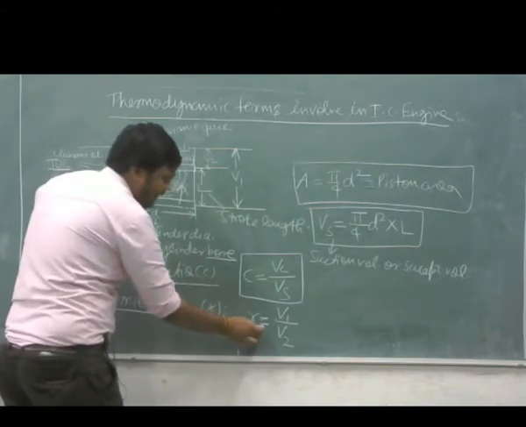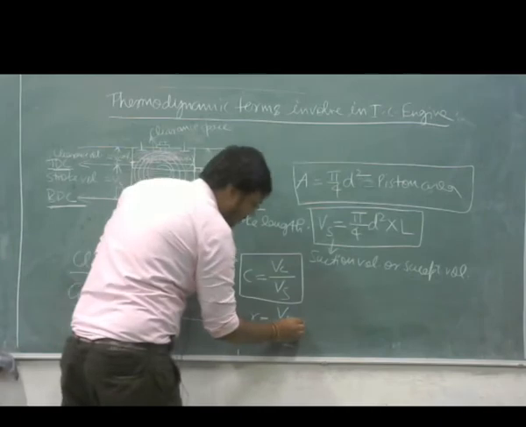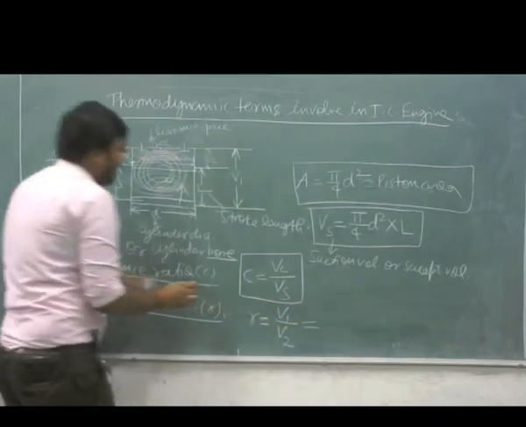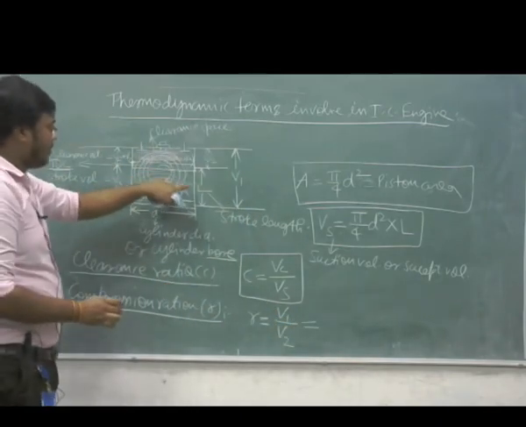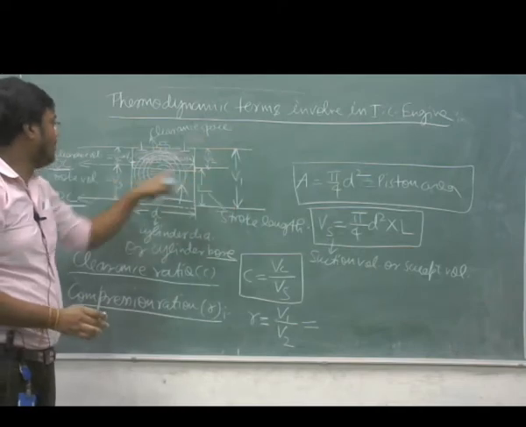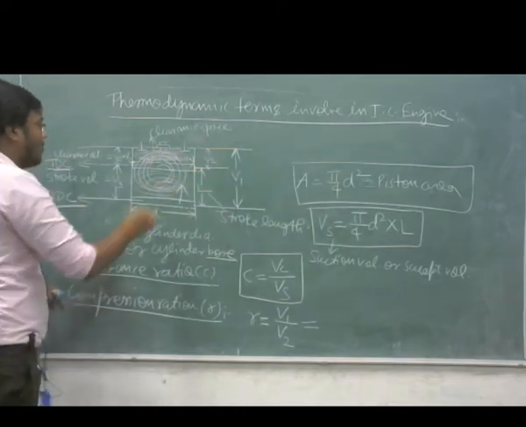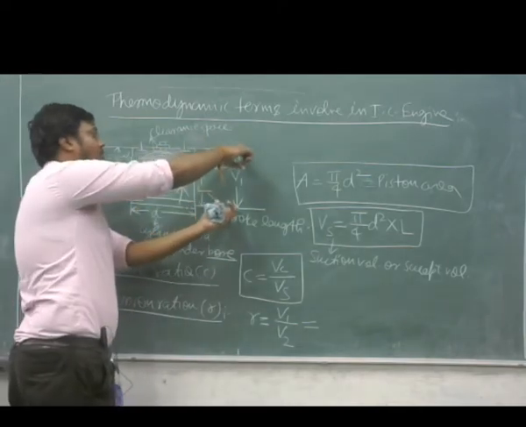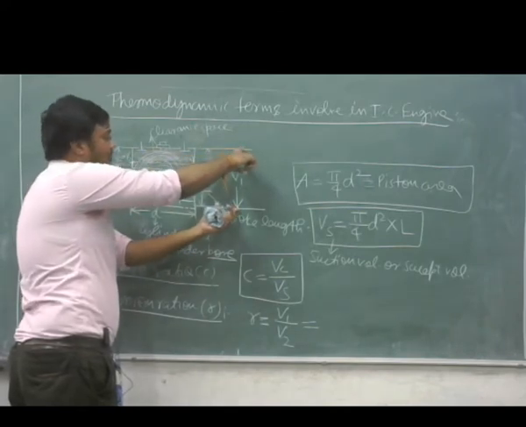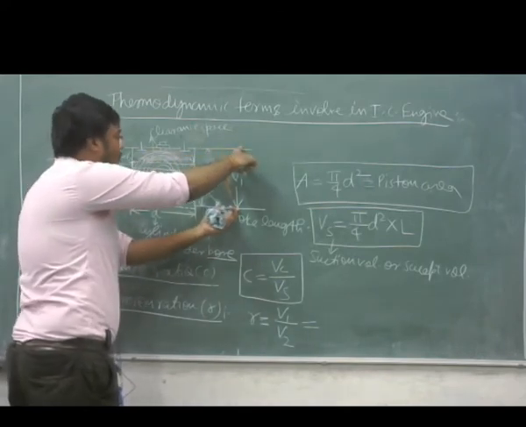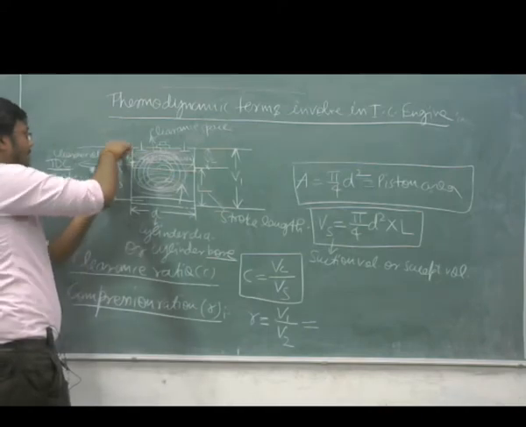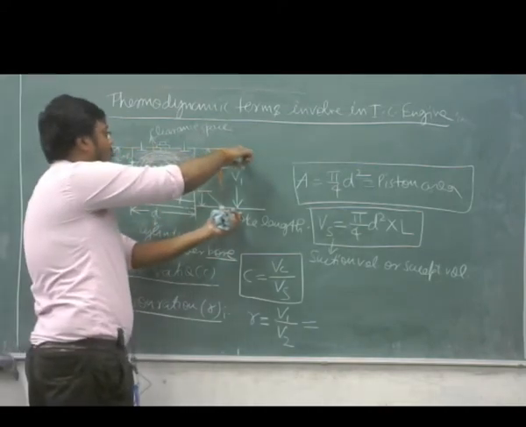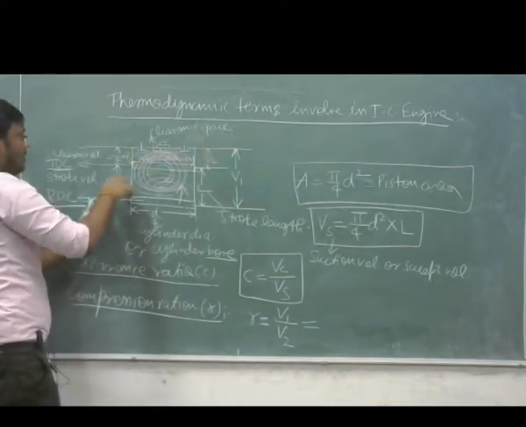Now we can simplify that. From the diagram we can change the value of V1 into Vc and Vs. This is the total volume V1, so we can break V1 into two parts, Vs and Vc. We can say that V1 is equal to Vs plus Vc.